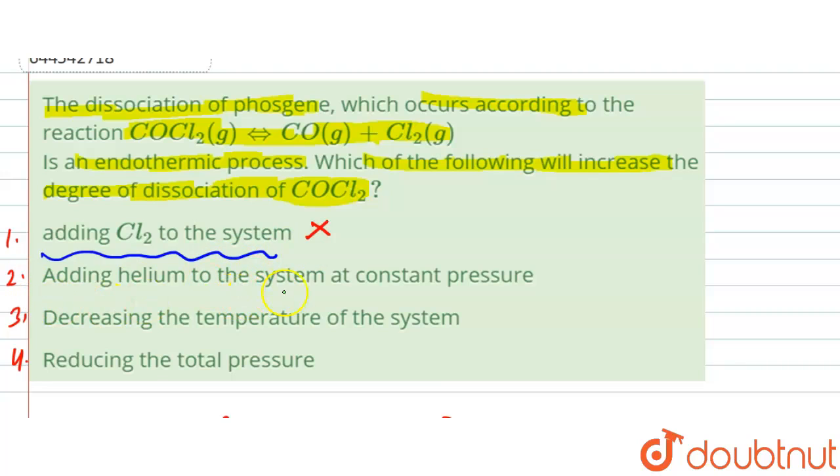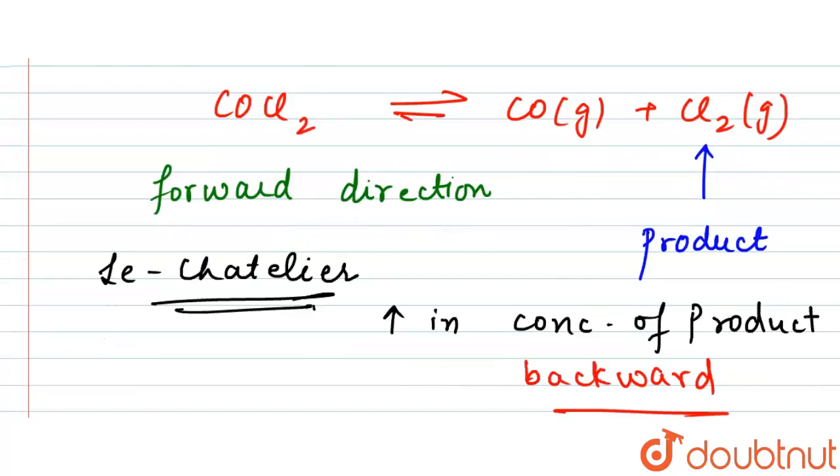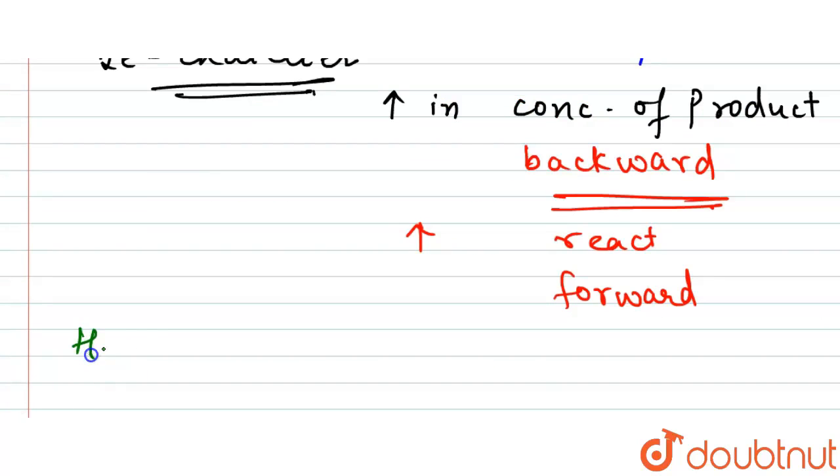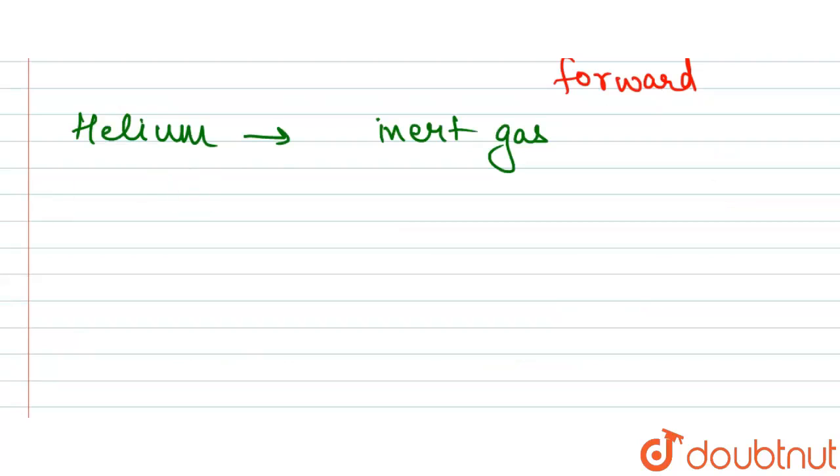Next is adding helium to the system at constant pressure. Helium is an inert gas, in the category of noble gases. The reaction is at equilibrium and we add the inert gas at constant pressure.